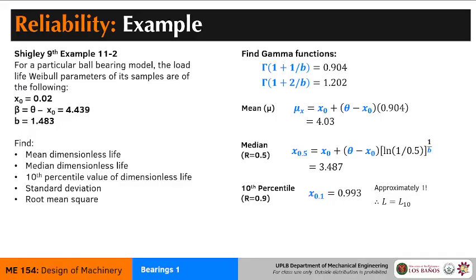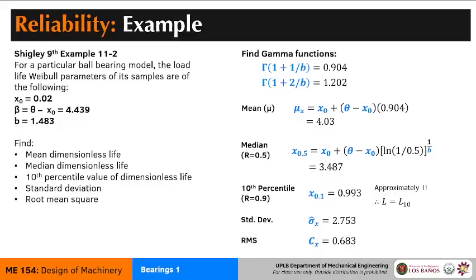The 10th percentile value of dimensionless life is actually the dimensionless rated life itself. All right. So for the rest, it's just plug and play. You have your gamma function values, and then you have your equations from the previous slide. You just plug it in, and you get your proper values.